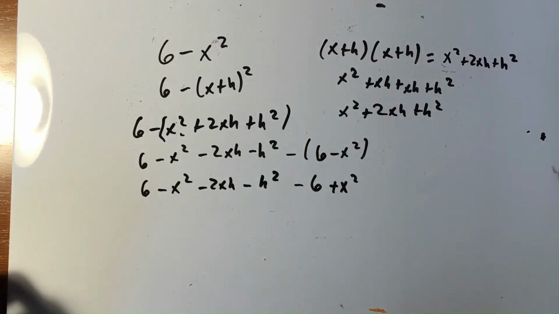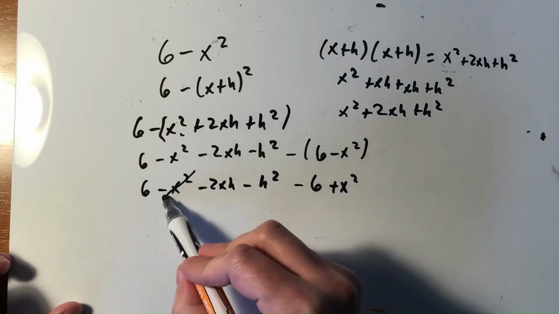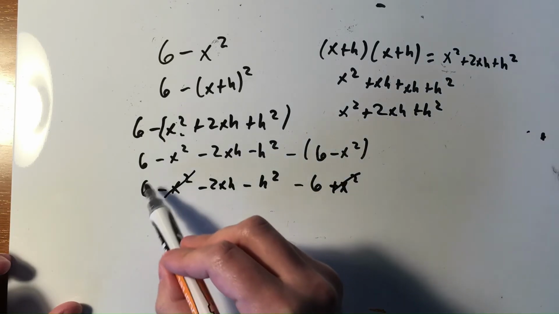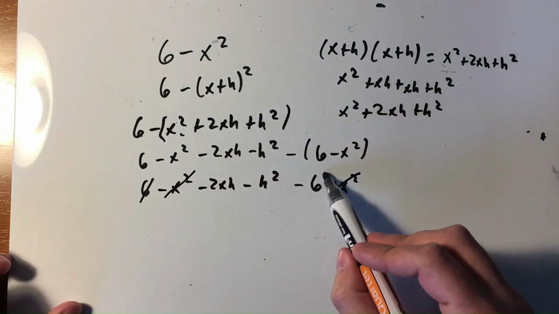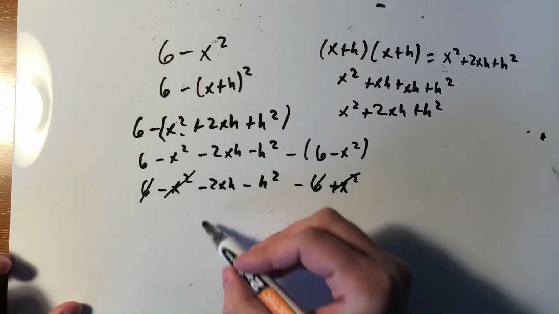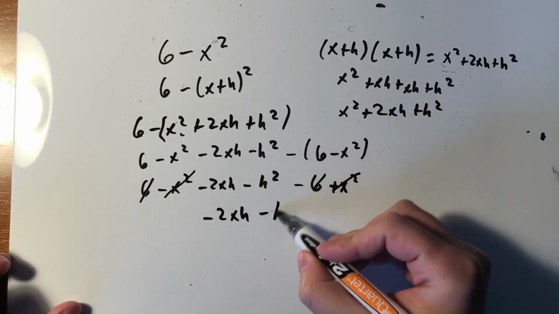Alright, so as you can see, we can do some canceling here. We have a positive x squared and a negative x squared, so we can cancel both of those. We have a negative 6 and a positive 6, so we can cancel both of those. And that just leaves us with negative 2xh minus h squared.